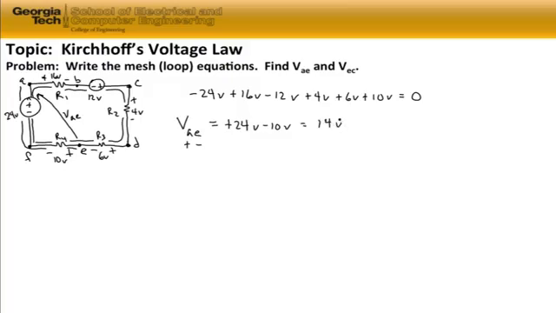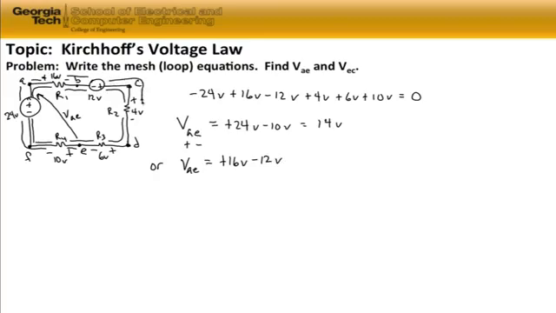We could have easily gone the other direction as well. So we could have found VAE by going around the other way with the circuit. We can start at A, go through R1 first, and we have a 16 volt drop, and after that we would encounter the negative polarity of the 12 volt source first.